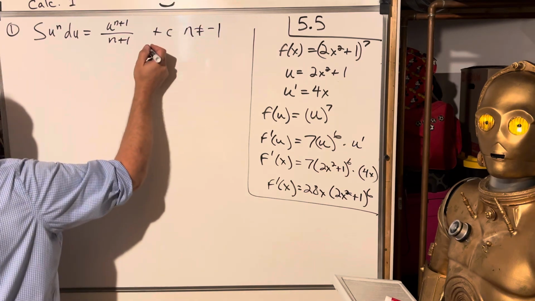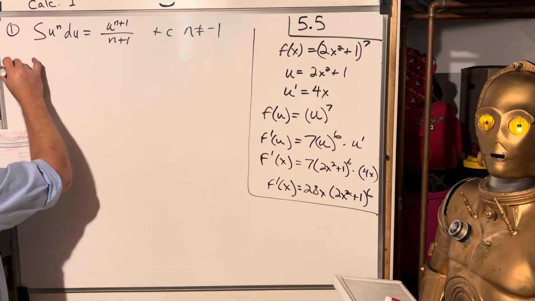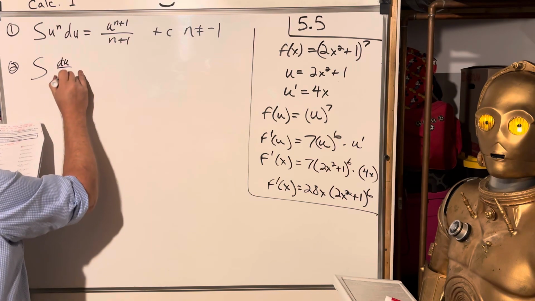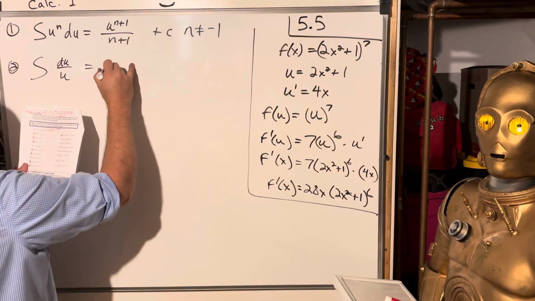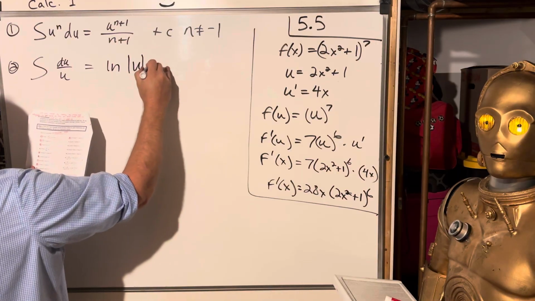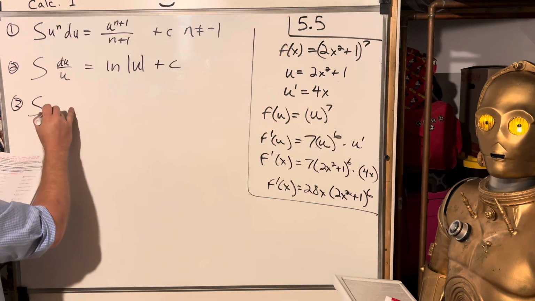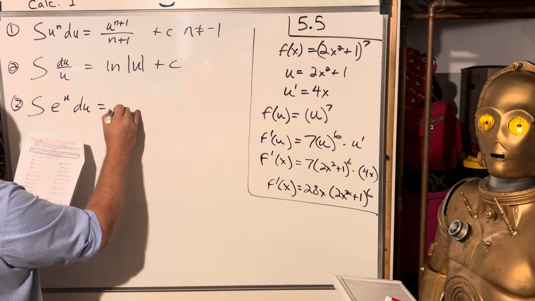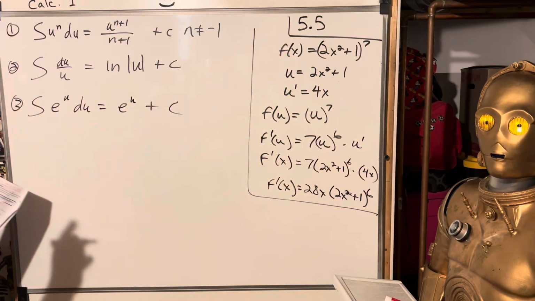Plus c, right? Number two, you should know that one. If I'm going to integrate 1 over u du, that's ln the absolute value of u plus c. Number three, e to the u du is just e to the u plus c. So these 1, 2, and 3 memorized.